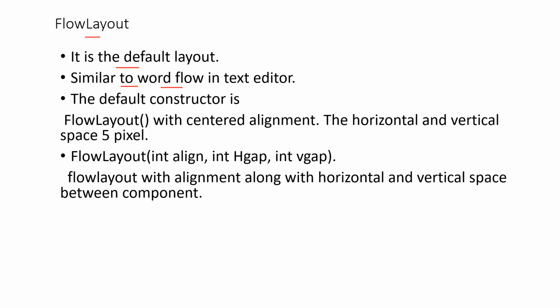The default constructor for FlowLayout uses center alignment, and the horizontal and vertical space between AWT components is 5 pixels by default. Another constructor is FlowLayout(int alignment, int hgap, int vgap). We can assign the pixels of horizontal and vertical space between the AWT components.